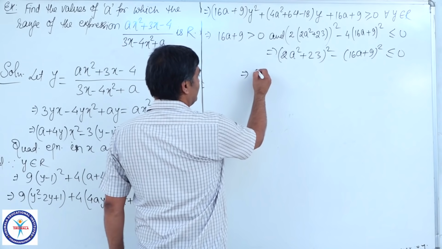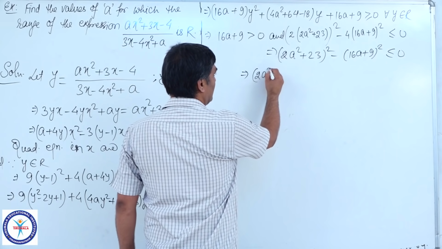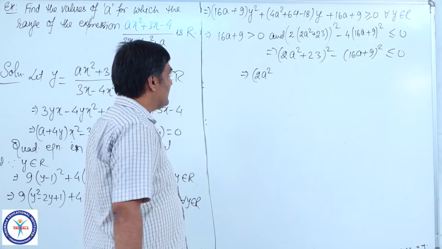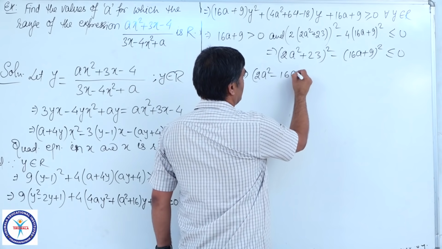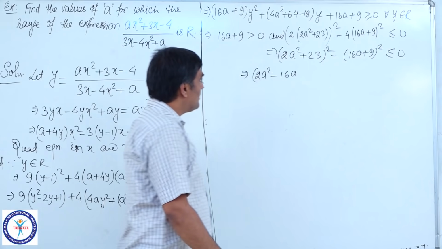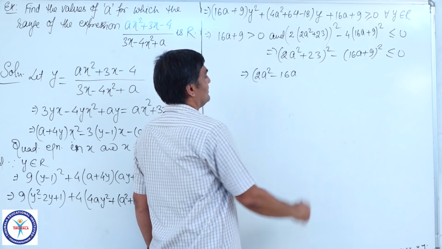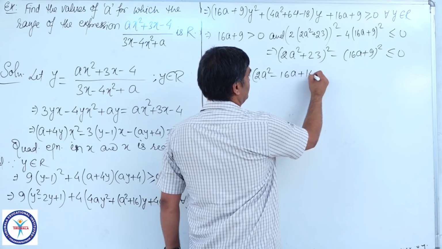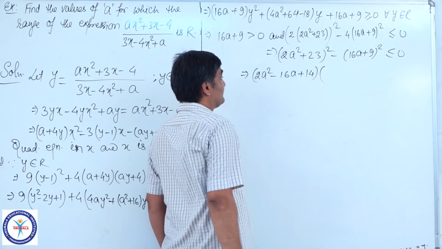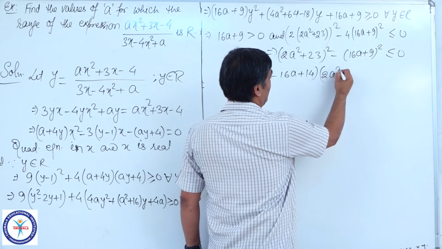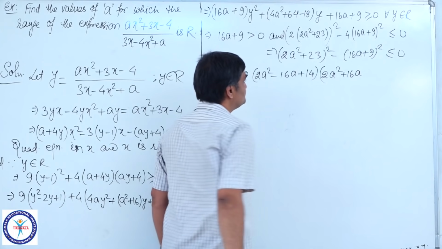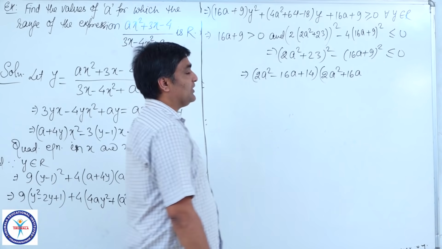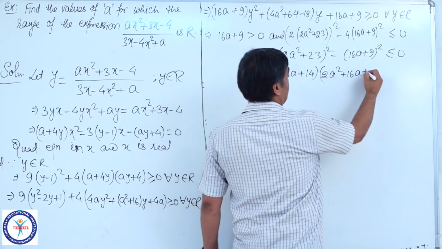So a minus b, 2a square. What is a minus b? Minus 16a plus 23 minus 9 is what? 14 into a plus b, 2a square plus 16a and 23 and 9, 32.